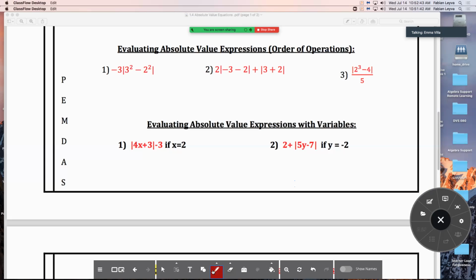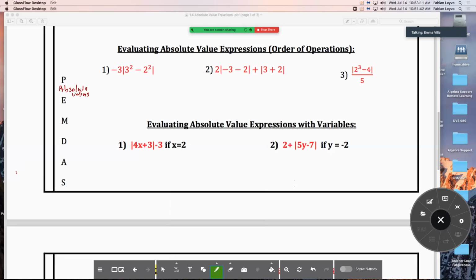Treat absolute values as parentheses. So if I give you this string of numbers, refer to your order of operations, your PEMDAS, but also keep in the back of your mind that absolute values are pretty much parentheses. You want to treat them as such.